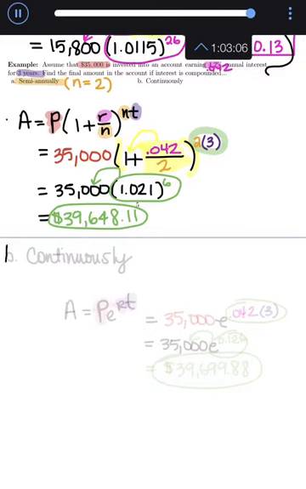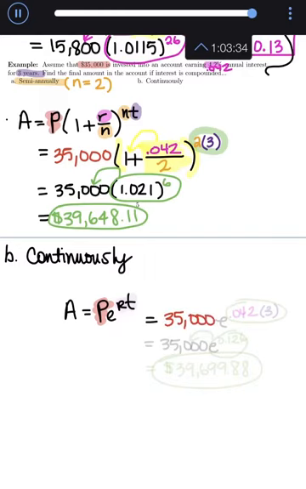Now let's look at part B, which wanted us to do the same thing in the same problem, but compound the interest continuously. So if we're doing it continuously now, that's the other formula, the A equals P e to the rt. Well, the principal we've already said, the P is 35,000.